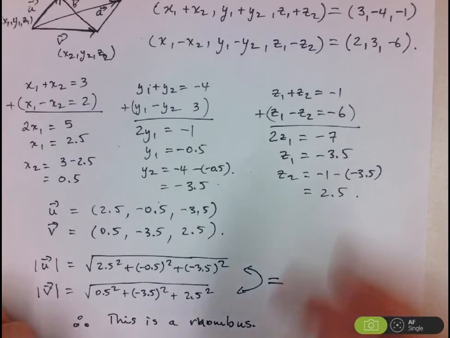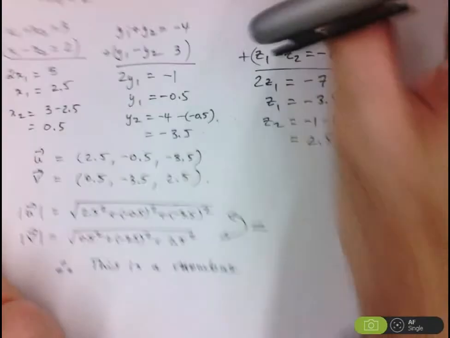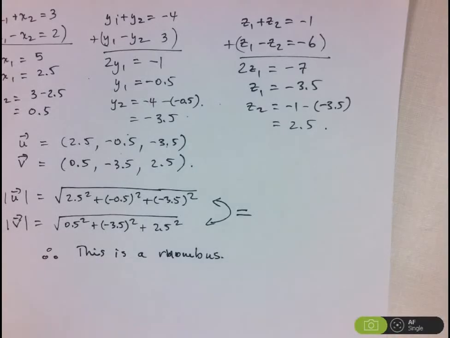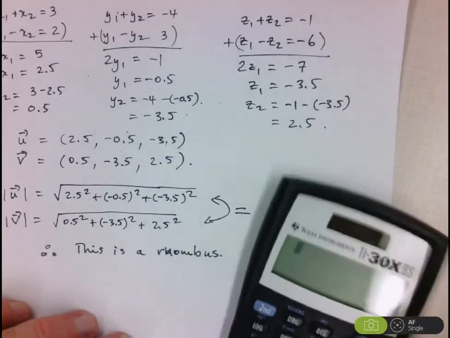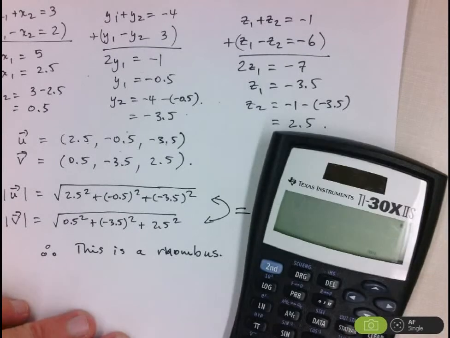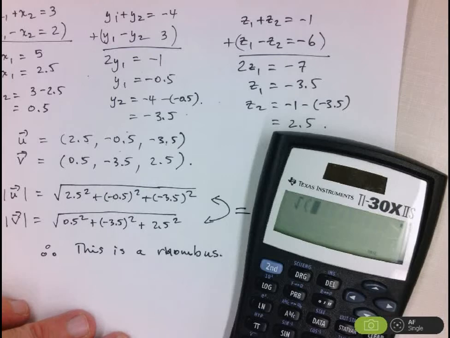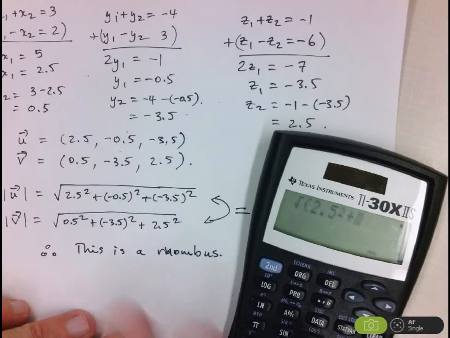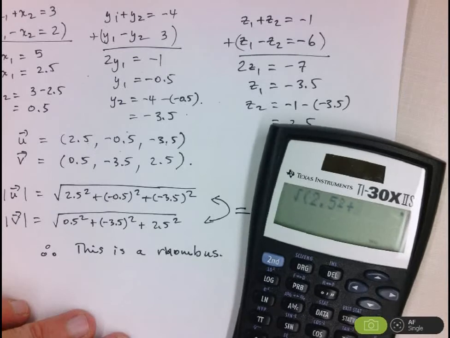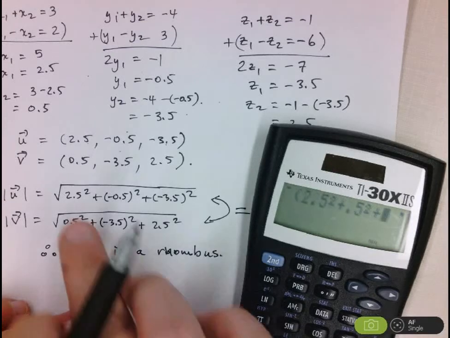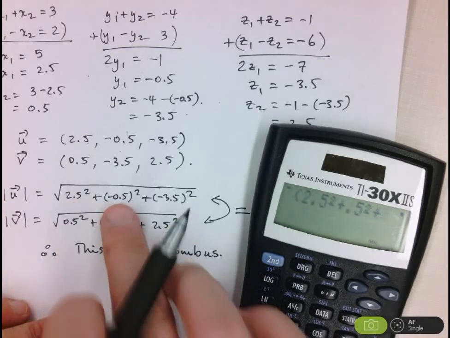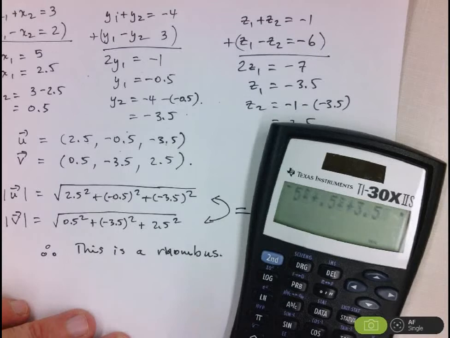Now they want us to actually determine the lengths of the sides. Well, this is where now I guess I'm going to have to take my calculator and actually calculate this here. So let's do that as quickly as we can. So what do we have? We have the square root of 2.5 squared plus 0.5 squared plus 3.5 squared.